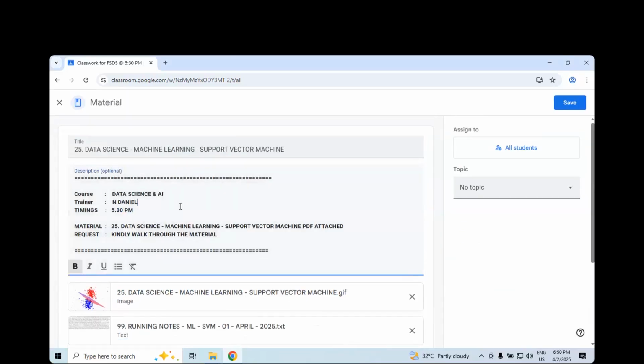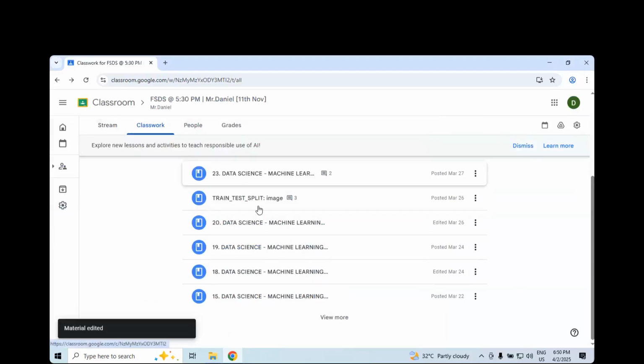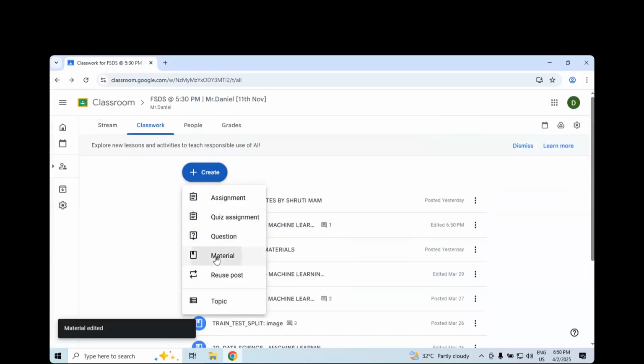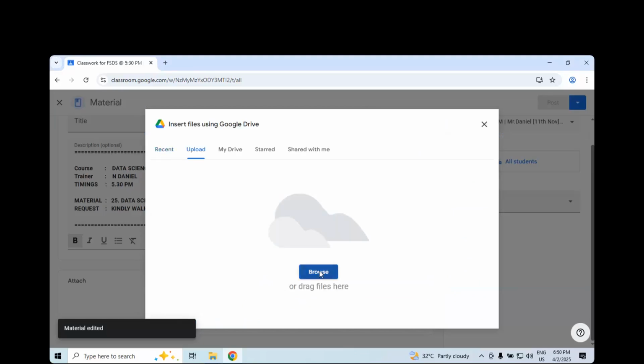Okay, let me upload the gradient descent algorithm also. Thank you. From here onwards I will take care of this material and you can try to prepare this. Let us upload the gradient descent algorithm.